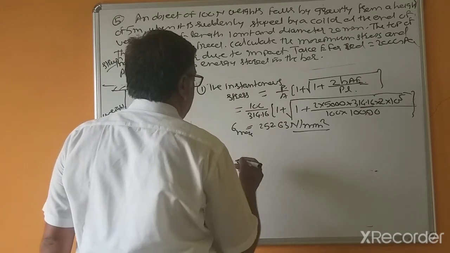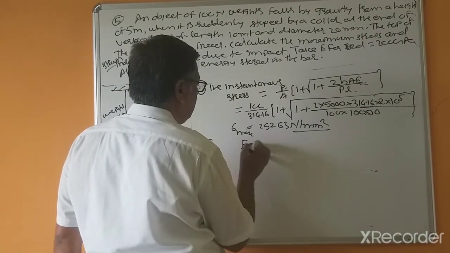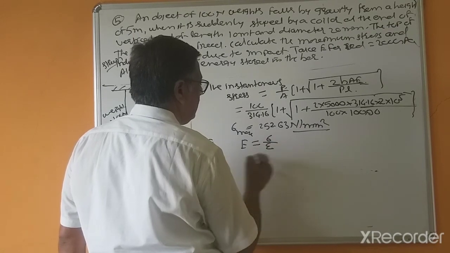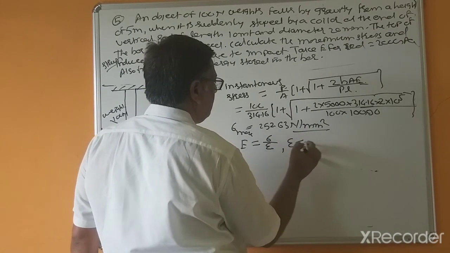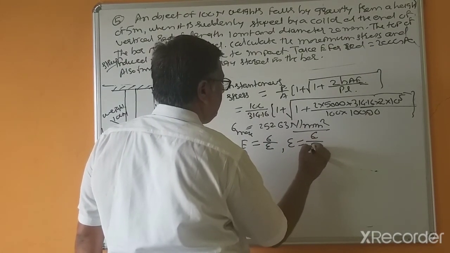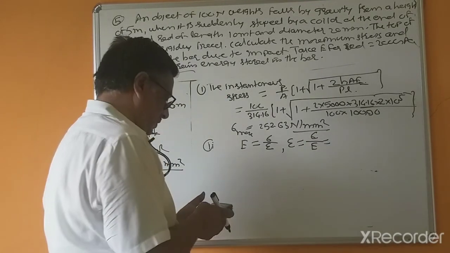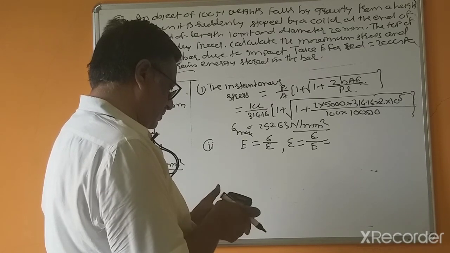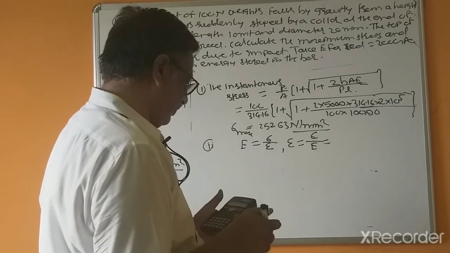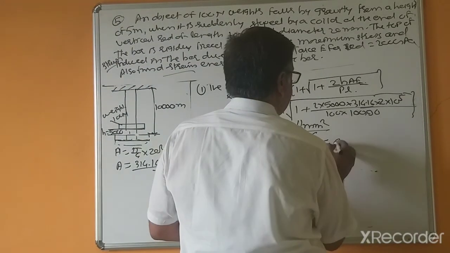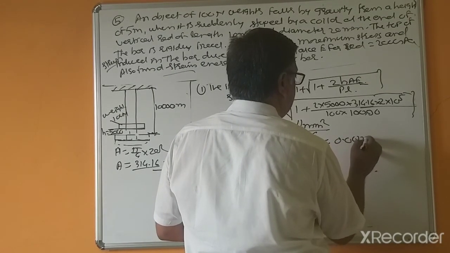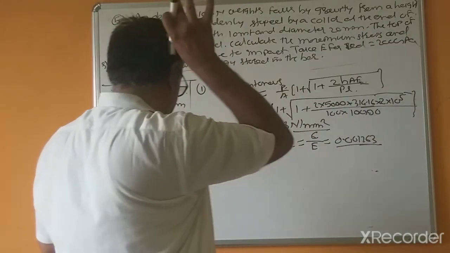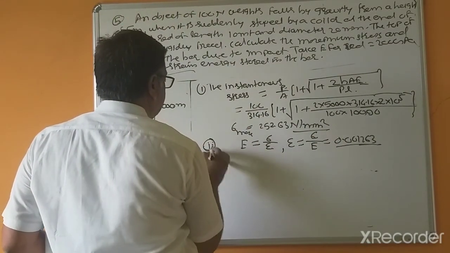So E equal to stress divided by strain, so strain equal to stress divided by E, divided by 2 into 10 to the power 5. This is 0.01263.